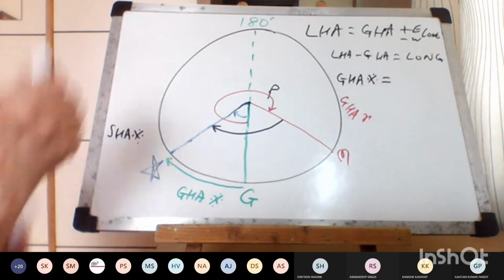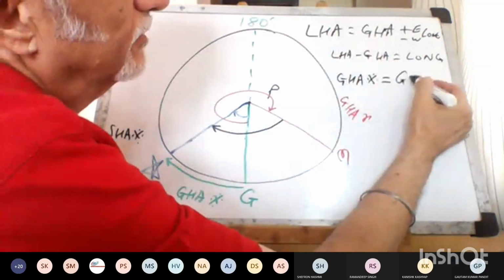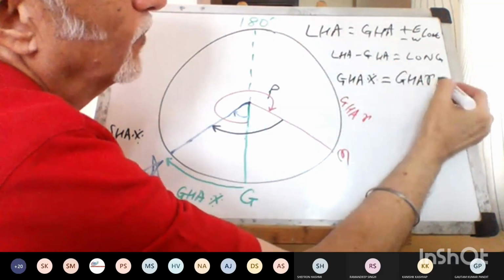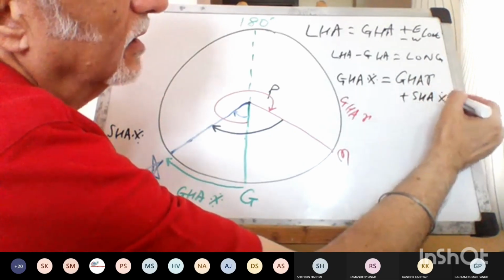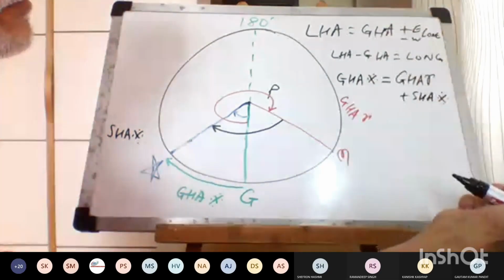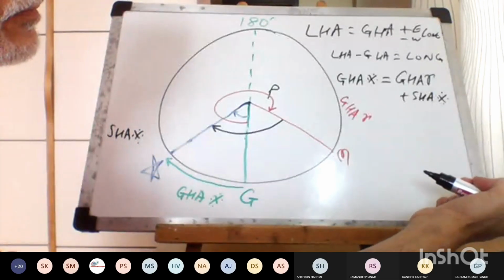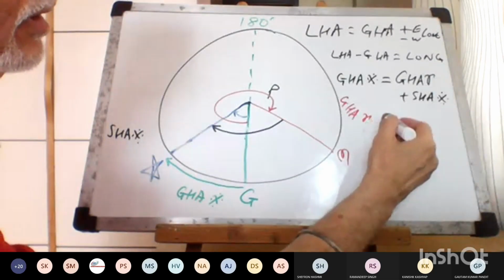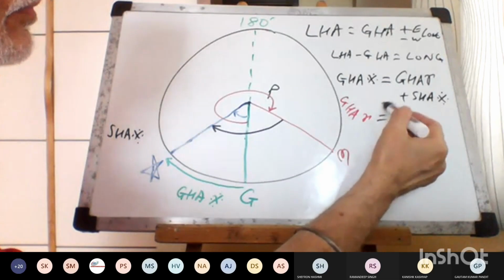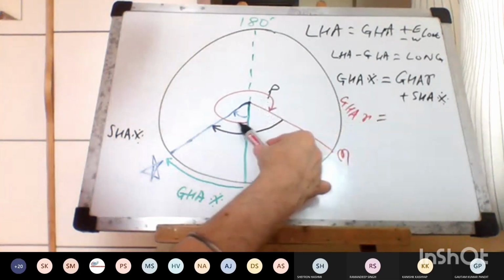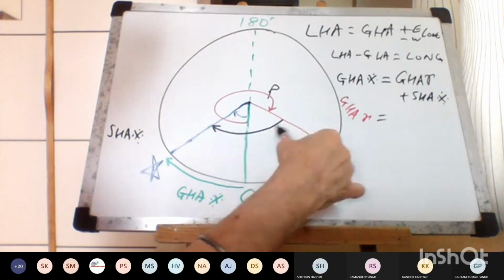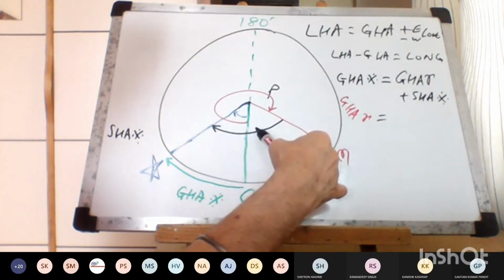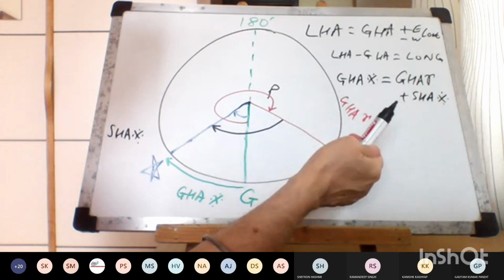GHA star is equal to GHA Aries plus SHA star. Am I right? Yes, sir. So this will turn out to be GHA Aries plus SHA star. If it is more than 360, we will minus 360.